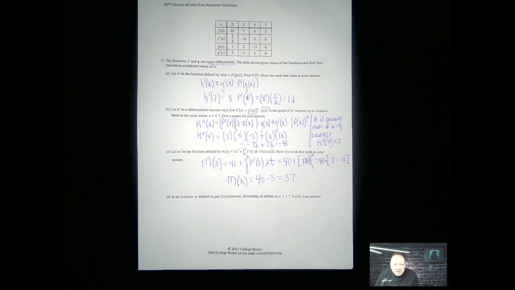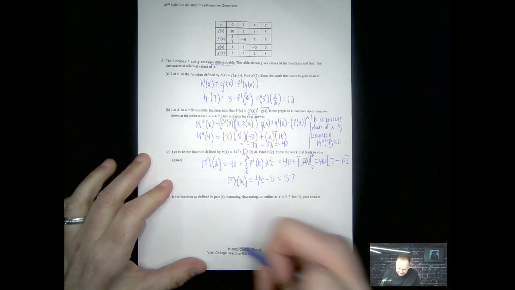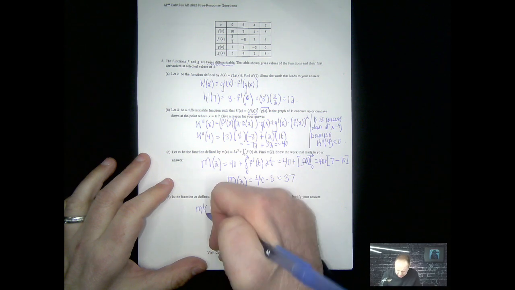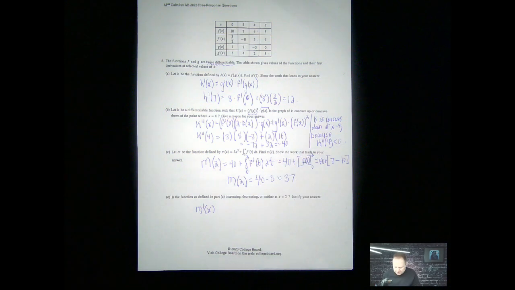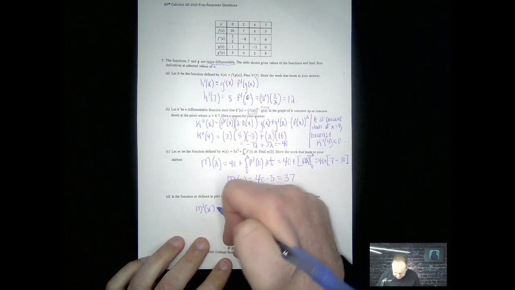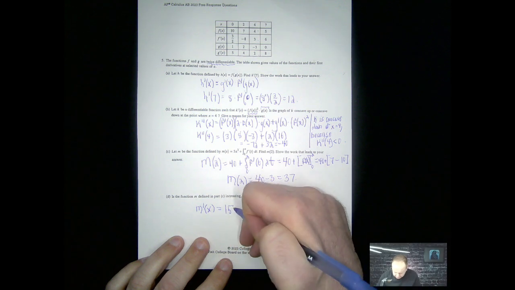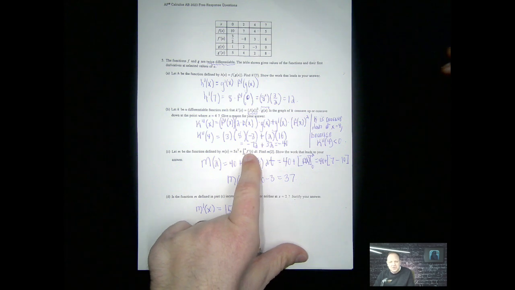Is the function m defined in part C increasing, decreasing, or neither at x is equal to 2? So they want me to find m prime. So that's going to be an FTC part 2 for the second part of the right-hand side of m. So the derivative of m will tell me whether or not it's increasing or decreasing or neither. So let's do m prime of x. First term is going to be what? 15x squared. Now this is your understanding of FTC part 2.